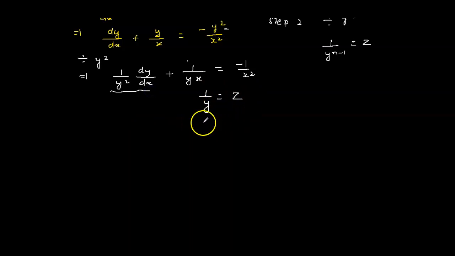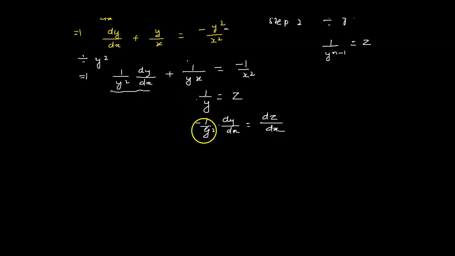If we differentiate this with respect to x, we get minus 1 upon y square dy by dx is equal to dz by dx. I am differentiating this with respect to x.